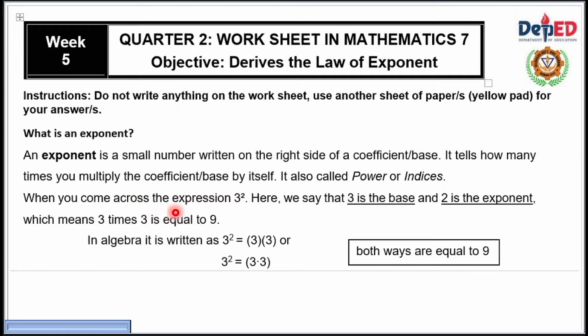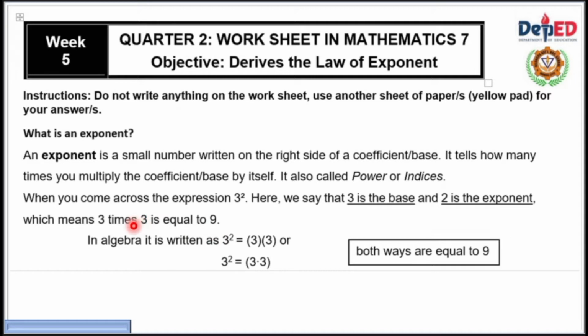When you come across the expression 3 squared, 3 with a power of 2 at the upper right of the 3, we say that 3 is the base and 2 is the exponent, which means 3 times 3 is equal to 9.